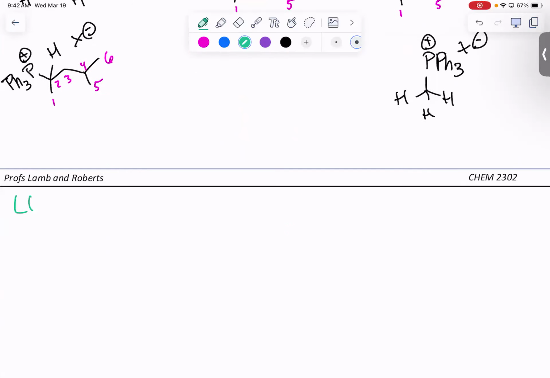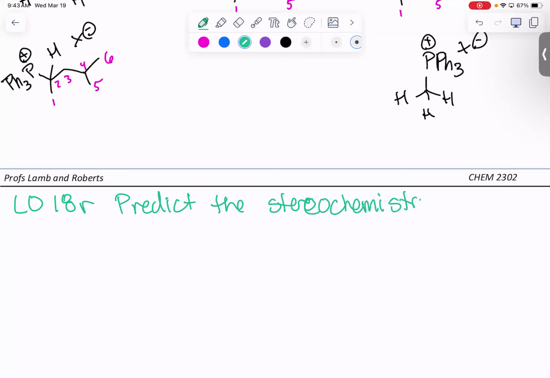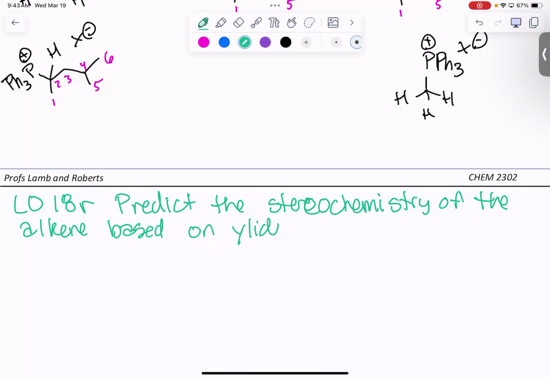So learning objective 18R deals with making olefins that could be E or Z. Learning objective 18R is to predict the stereochemistry of the alkene based on ylide identity.